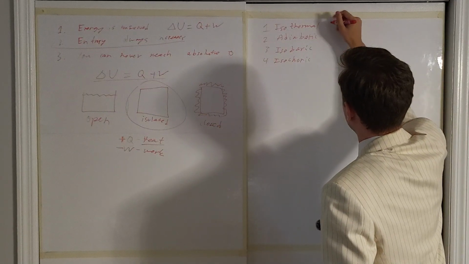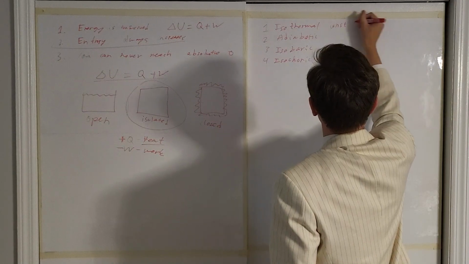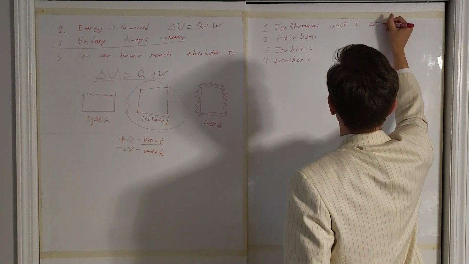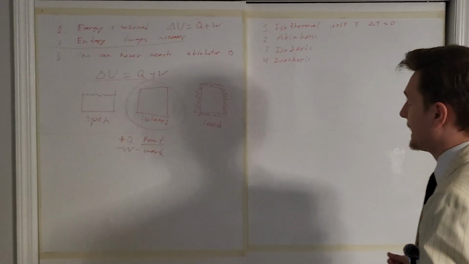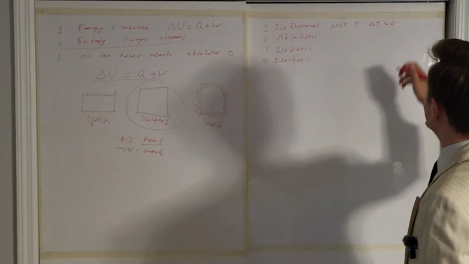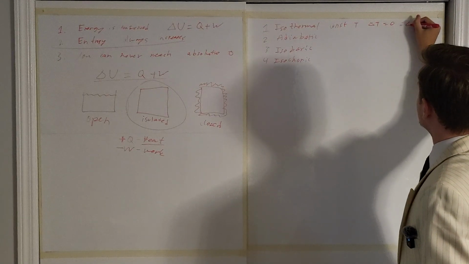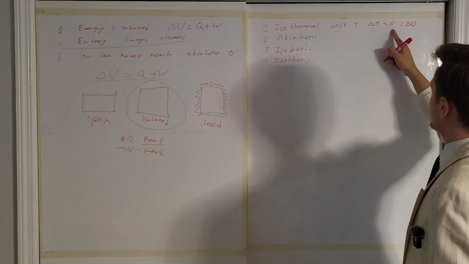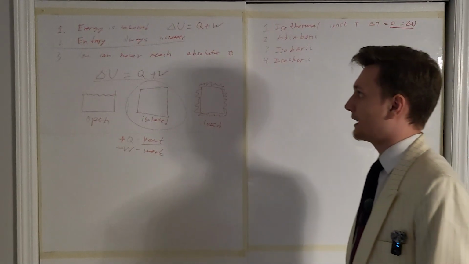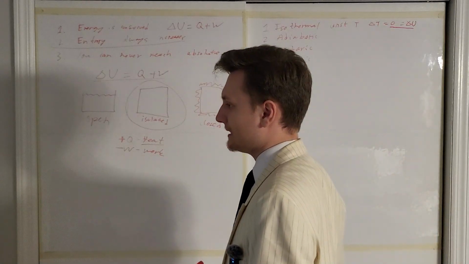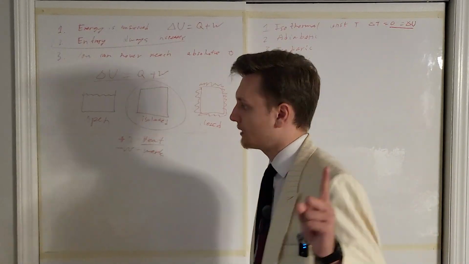Isothermal, you can imagine, is at constant temperature, so delta T equals 0, okay? Now, if you're dealing with an ideal gas, which you probably are, that also means that delta U equals 0, okay? Because the change in internal energy for an ideal gas is dependent only on temperature.